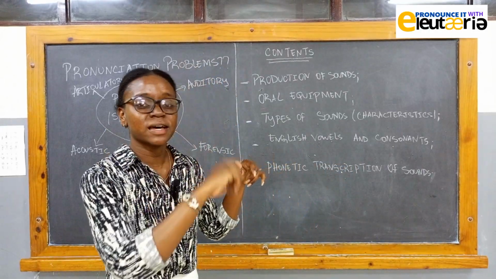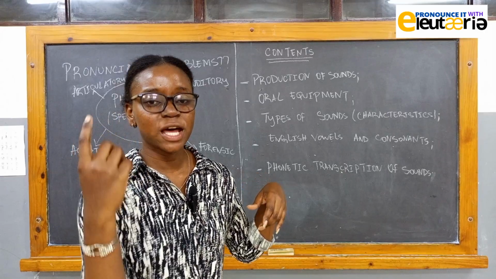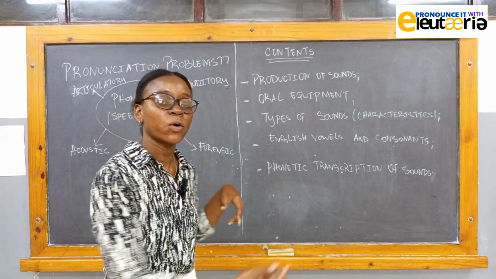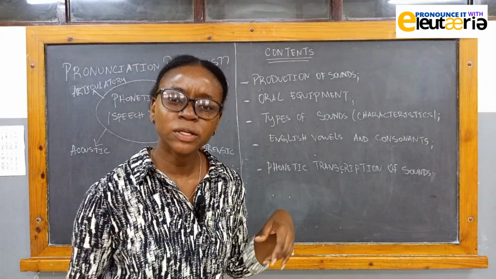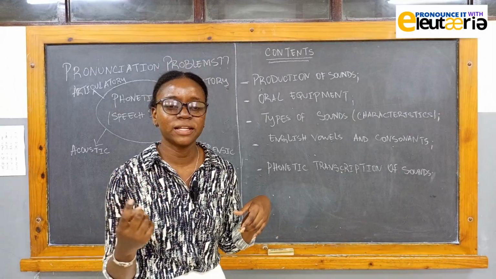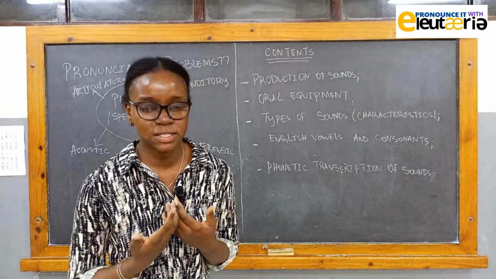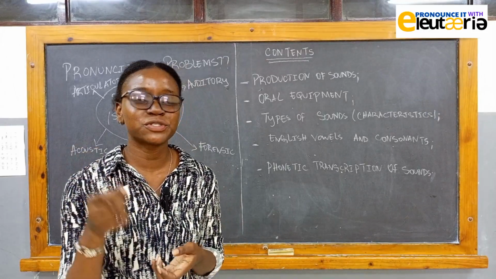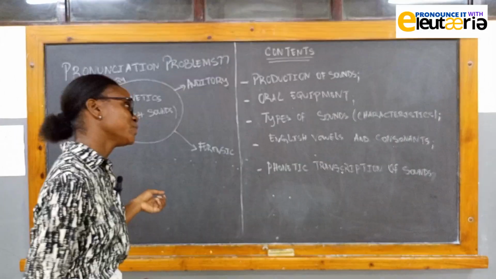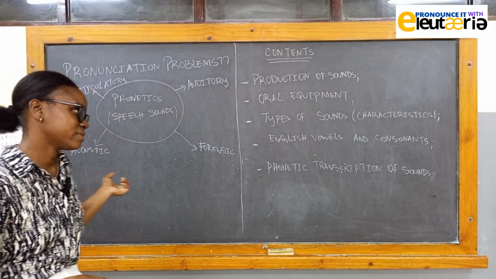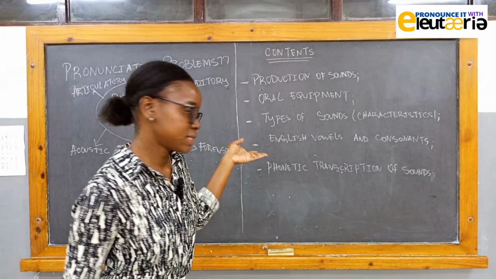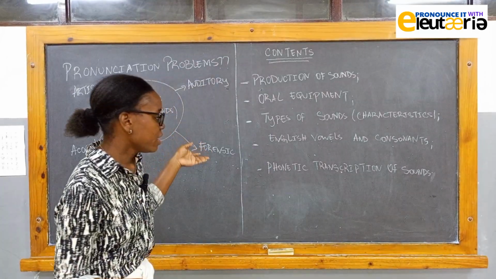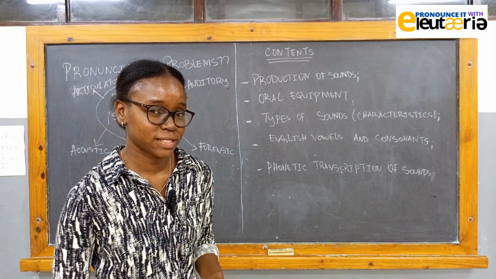And when we study the production of speech sounds, we study our oral equipment. Oral equipment is our articulatory system, the set of organs that help human beings produce speech. And then we have the types of sounds and their characteristics.